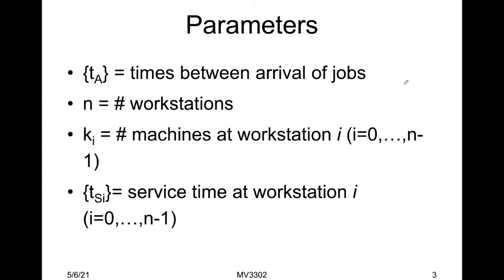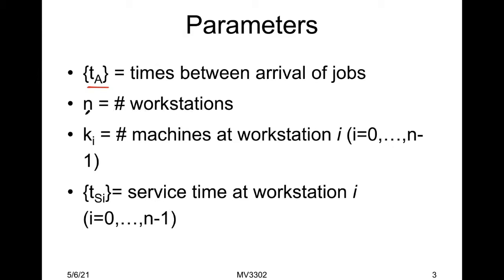All right. Hopefully you can conceptualize this. So let's look at modeling this. Now we have, just like our arrival process, the times between the arrival of jobs. You should be fairly familiar with that. Okay, now how many workstations do we have?